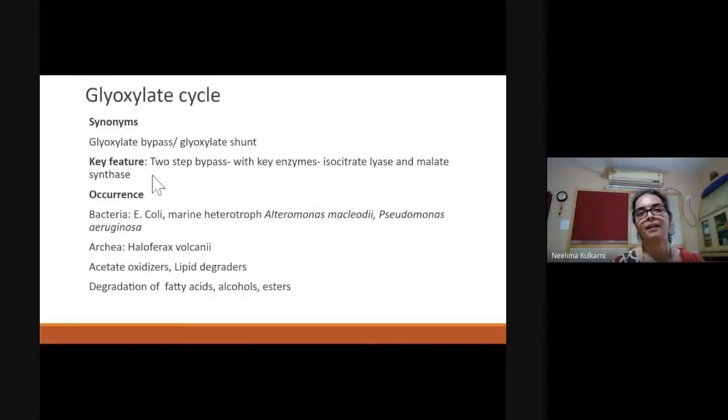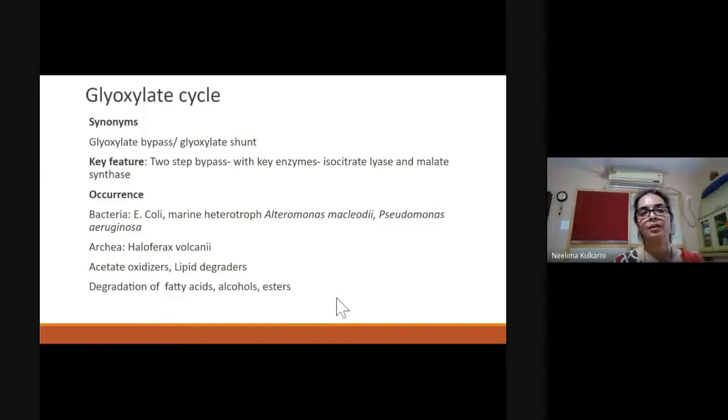This particular pathway is seen in bacteria like E. coli, marine heterotrophs such as Alteromonas or Pseudomonas aeruginosa, Archaeobacterium Halopharax volcani, acetate oxidizers, lipid degraders, and bacteria when they are degrading fatty acids, alcohols, or esters.